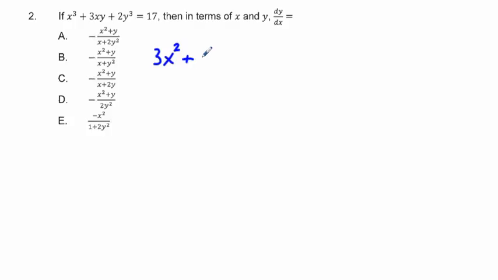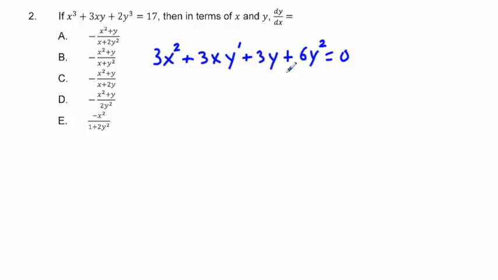And then we have plus 3x times the derivative of y, which instead of dy/dx I'm just going to call y prime, plus 3y times dx/dx, plus 6y squared, and on the right side we have the derivative of 17, which is 0.